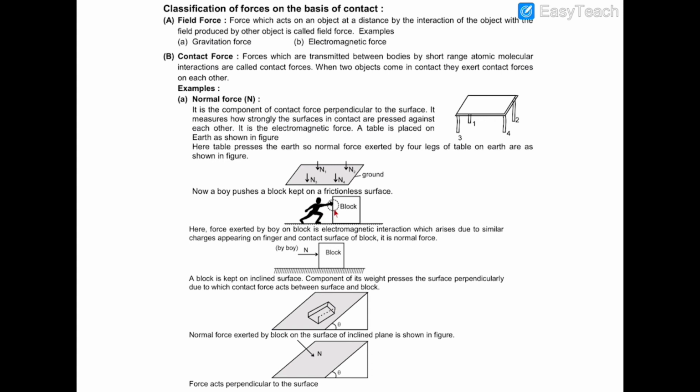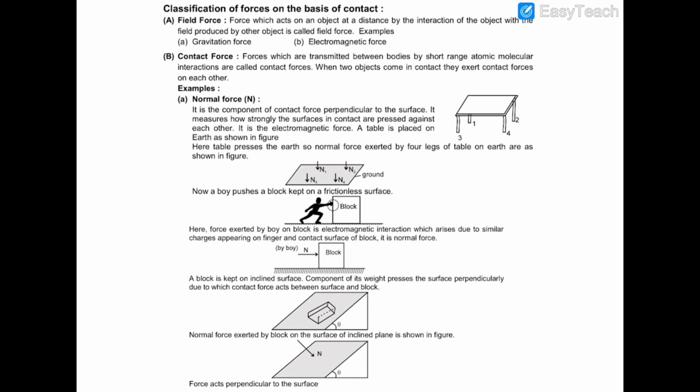This man is pushing the block, so this is a normal reaction force. This block is kept on an inclined plane, so it is a normal reaction force. Here the term normal refers to the perpendicular nature of this force. Normal does not refer to the ordinary thing, it refers to the perpendicular direction of this force.